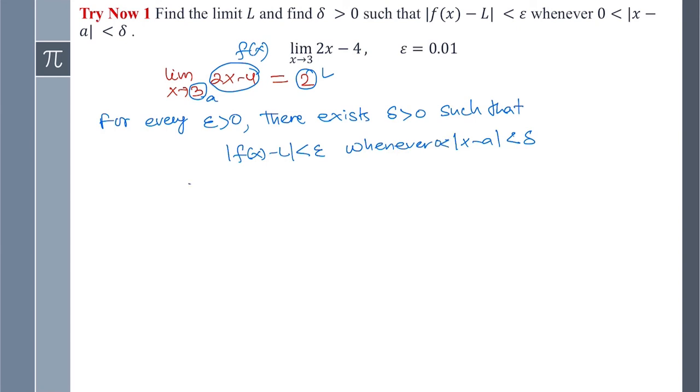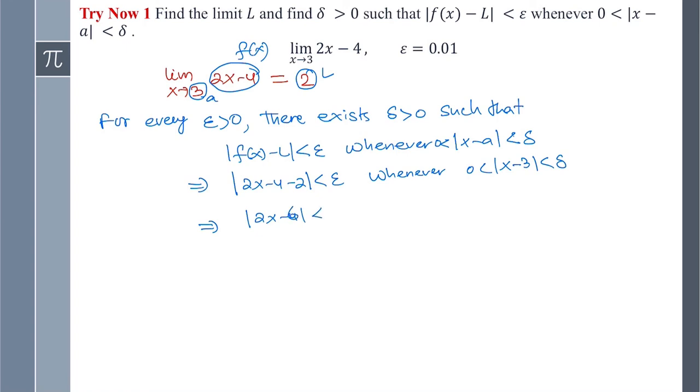Now here f of x is 2x minus 4, so we write the absolute value of 2x minus 4 minus L, which is 2, is less than epsilon whenever the absolute value of x minus a, which is 3 here, is less than delta. Now, if we simplify this, we get 2x minus 6.